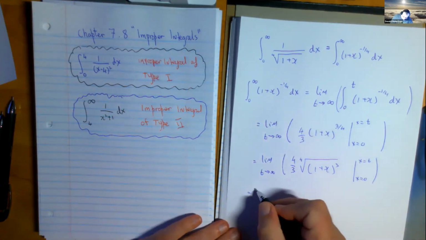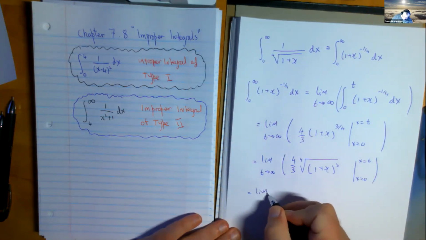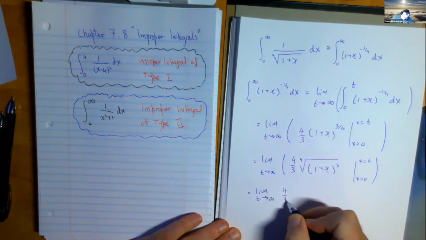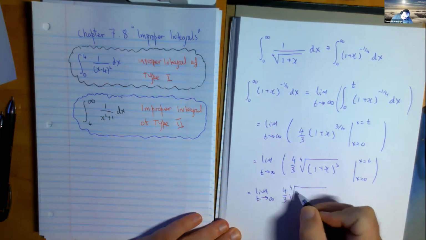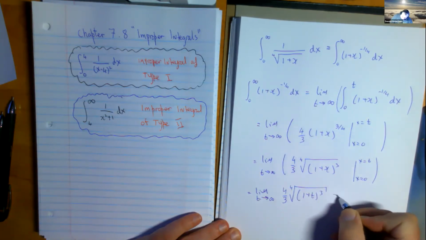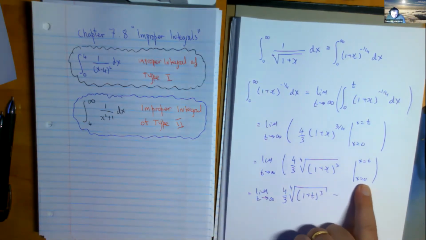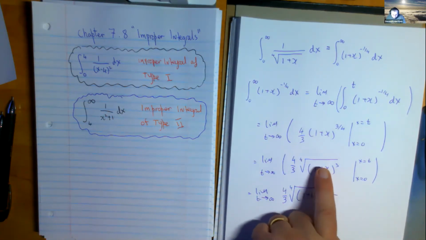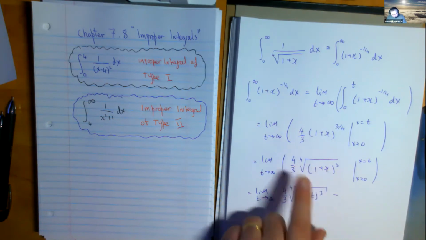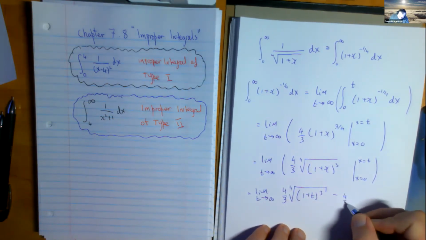Now we can plug in t, and we get 4/3, the 4th root of (1 plus t) cubed. Take away, I'll save some time here. If you plug in nothing here, that's 1, and 1 cubed is 1, and the 4th root of 1 is still 1, so you end up with take away 4/3.